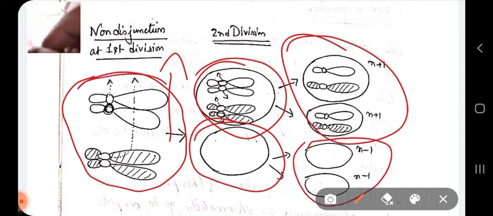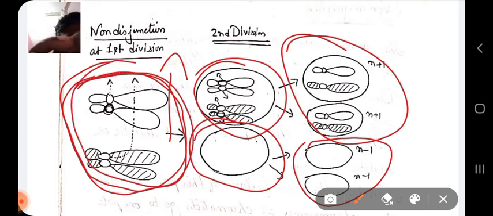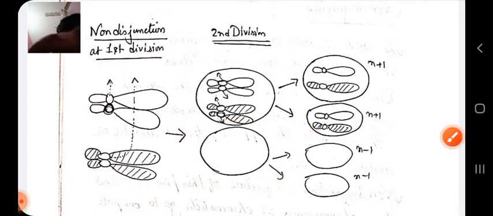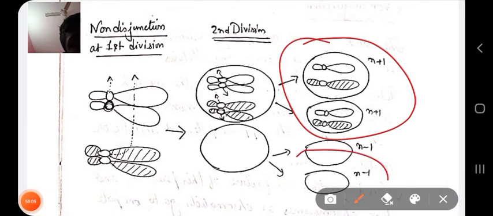Here I have shown only one chromosome pair. There are 23 pairs of chromosomes, remember. This event is occurring only on one chromosome pair. So this type of event leads to an aneuploidy-like condition, the n plus 1 and n minus 1 condition.